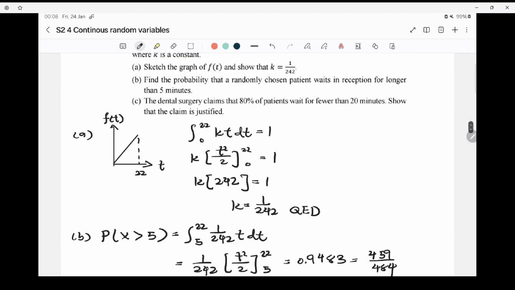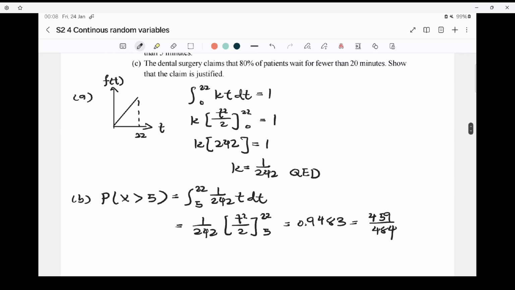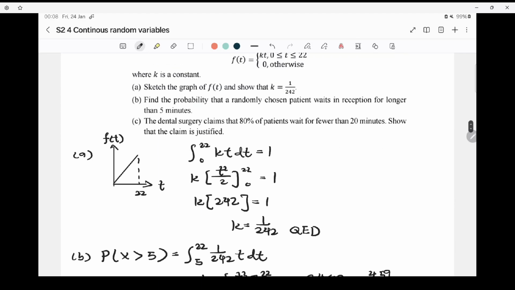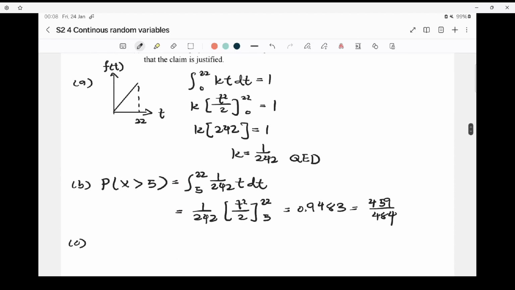Part C, the dental surgery claims that 80% wait for less than 20 minutes, show that the claim is justified. So basically what you need to show is that at 80% probability, the time is indeed less than 20 minutes.